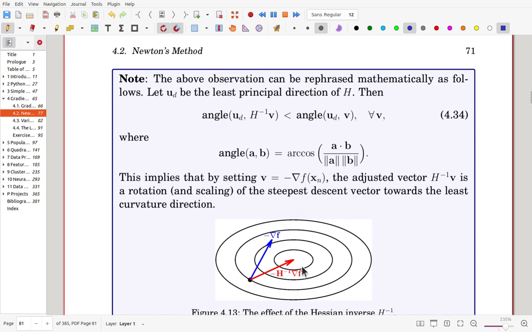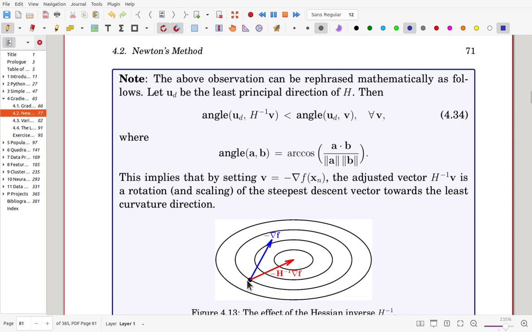Now, I made an ellipsoid here, and this is the minimum point. At a chosen point, I measured minus the gradient of f, and it is in that direction. Now I also measure the Hessian matrix. For this case, it is a 2 by 2 matrix, and the Hessian inverse is applied.